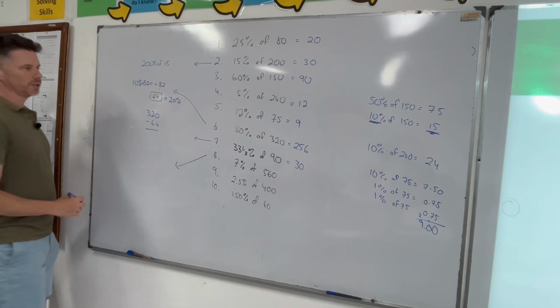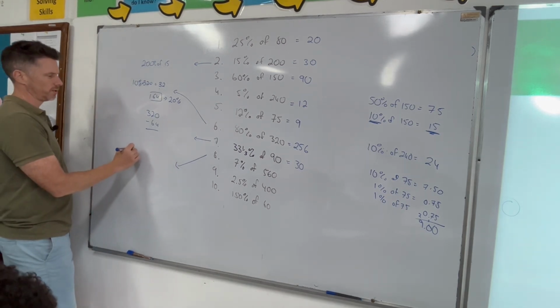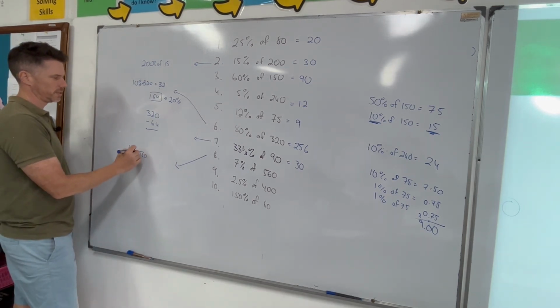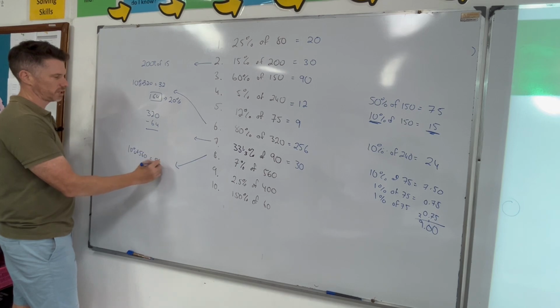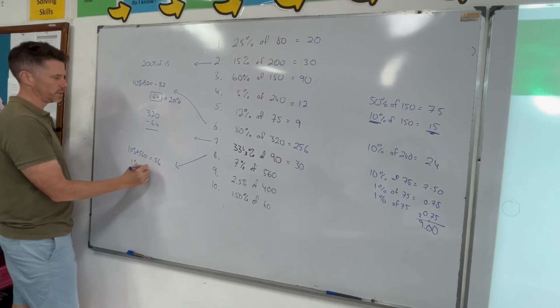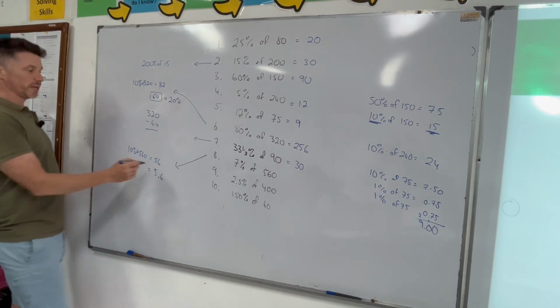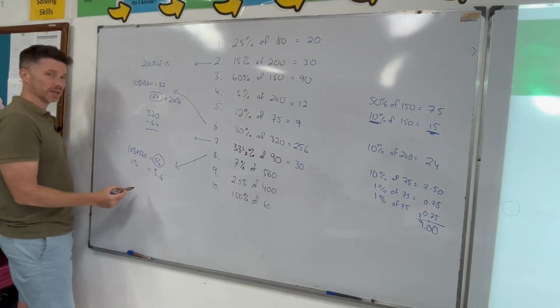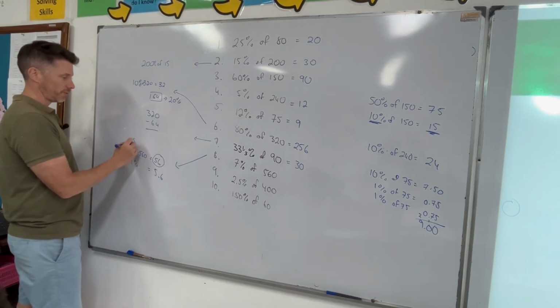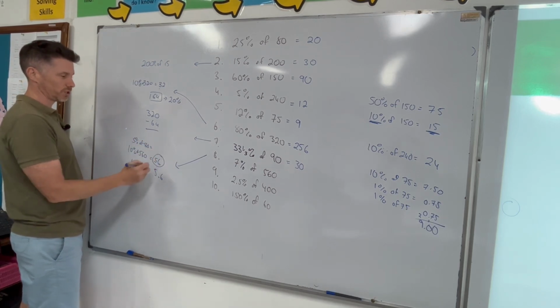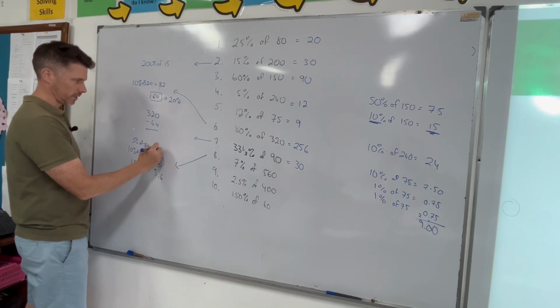So 7% of 560, a little bit of a tricky one here. I know what 10% of 560 is, 56. 1% I know is 5.6. Which one will we use? Well, maybe we get 5%, because that's going to be half of this, isn't it? So 5% of 560 is half of this one, which is 28, okay?